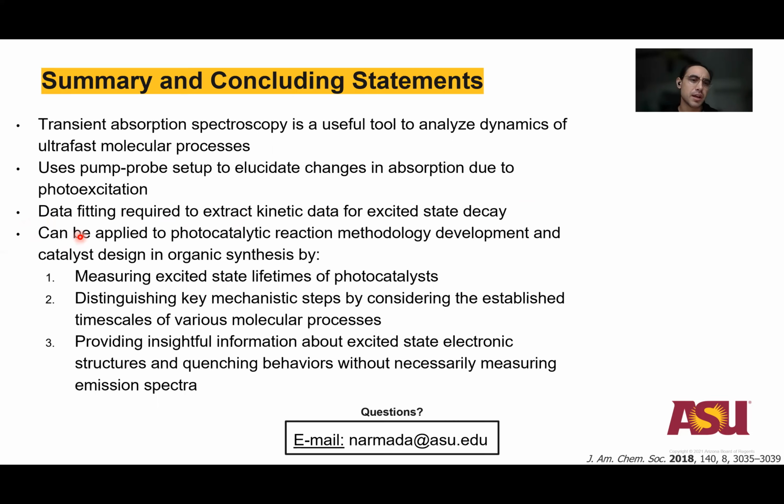And this method can be applied to photocatalytic reaction methodology development, as well as catalyst design and organic synthesis and organic photocatalysis, by measuring the excited state lifetimes of photocatalysts, by distinguishing key mechanistic steps by considering the established timescales of various molecular processes, and lastly, by providing insightful information about excited state electronic structures and quenching behaviors without necessarily measuring the emission spectra.